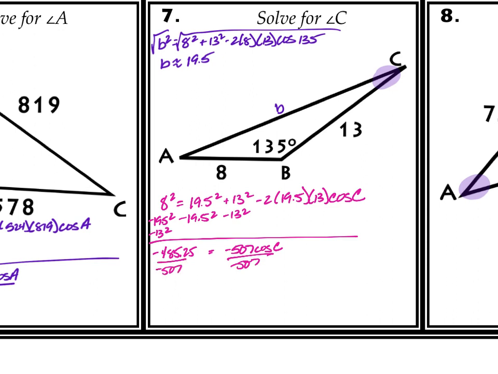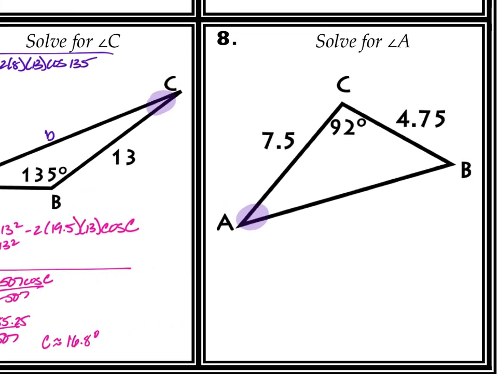Okay, and then cosine of C is going to equal 485.25 divided by 507. To get C, I'm going to do the cosine inverse, and I have to do it to both sides. So C is approximately equal to 16.8 degrees. As long as I put that into my calculator correct. So now I'm all doubting everything that I put into the calculator, just so you guys know. 485.25. Oh, no, that's right. Okay, great.